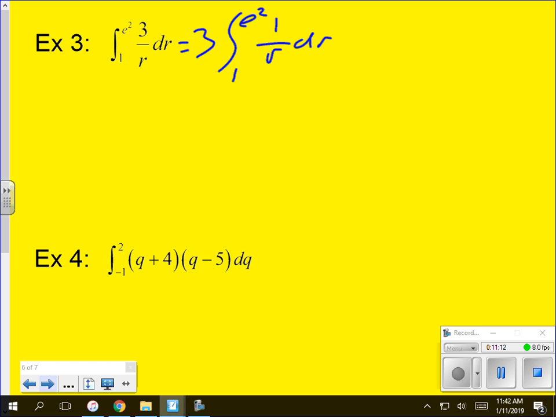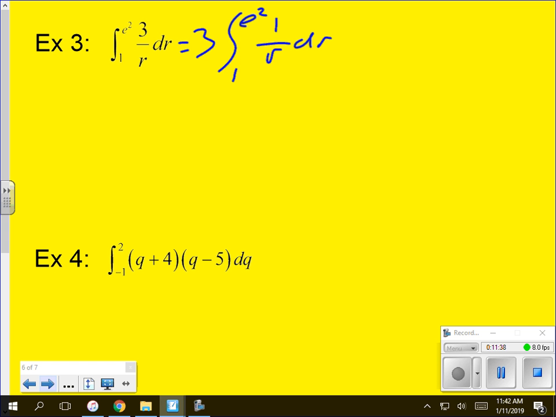If you have a constant as part of your integral, you may pull that constant out front. The main reason I'm doing it here is not that the constant is difficult to work with. The main reason is because it makes it easier to see what the antiderivative is. Not to make it easier to evaluate, but to make it easier to see what the antiderivative is.